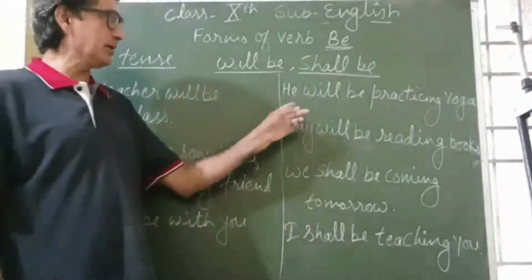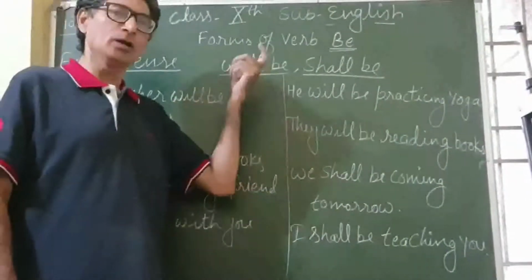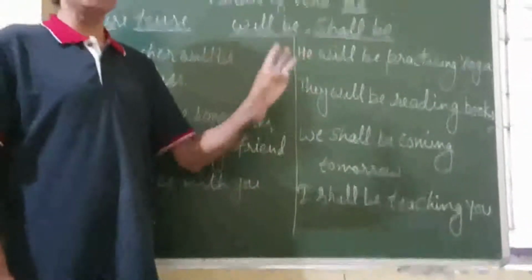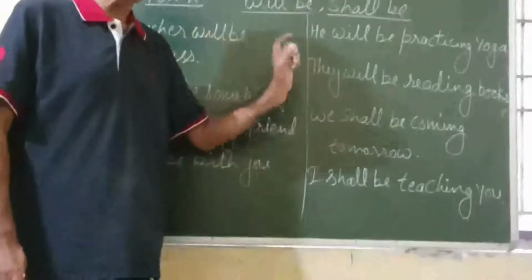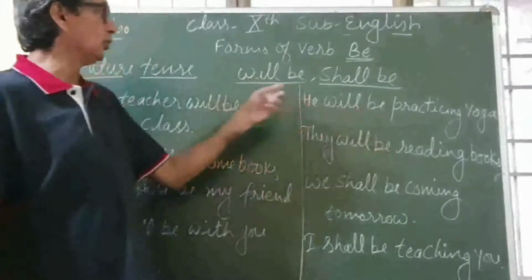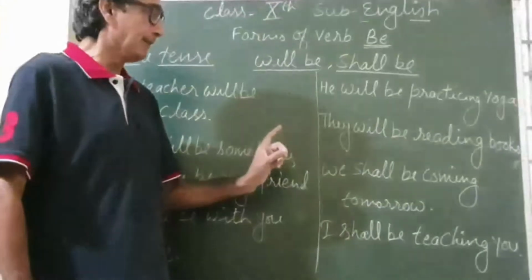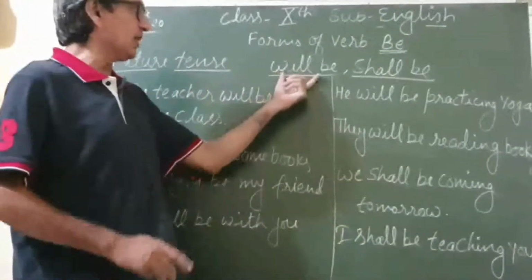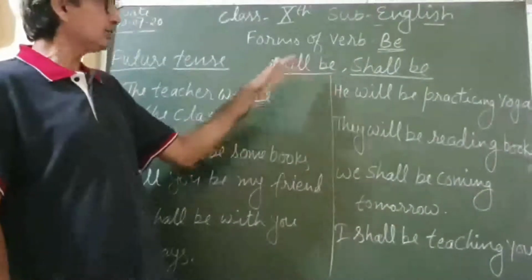So if you find in the sentence, in the place of subject, any noun, or among these three, he, she, or it, it will be considered as third person, and helping verb will be used with the third person. And second person. So helping verb will be used with second person and third person.